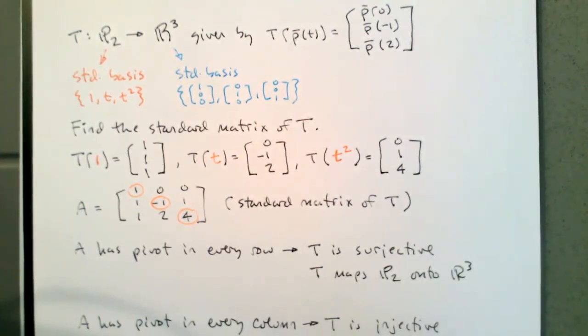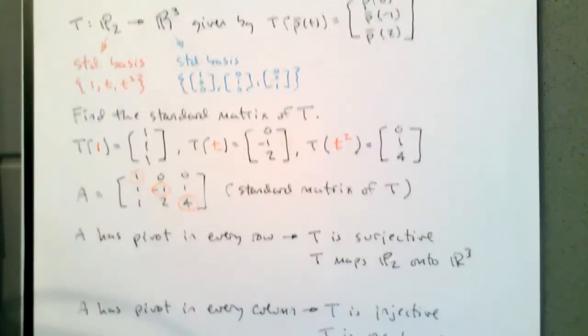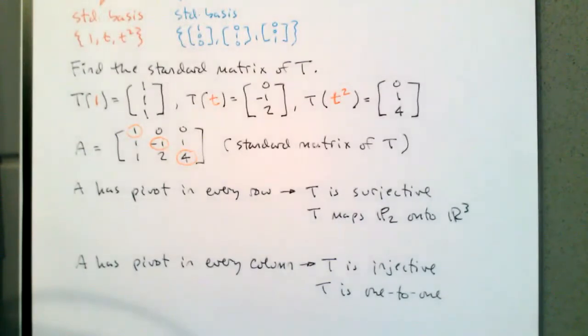That is, T is one-to-one. So everything in R3 is the image of some unique vector in P2. So there will be solutions, and those solutions will be unique. So every vector in R3 is the image of some polynomial in P2.